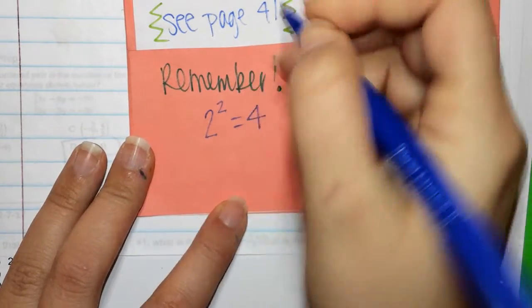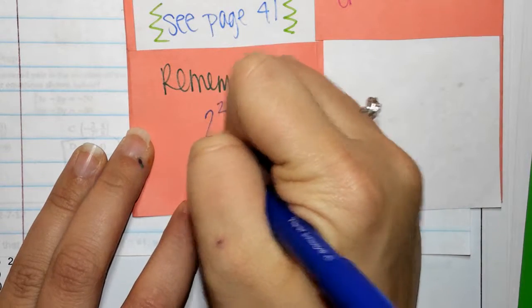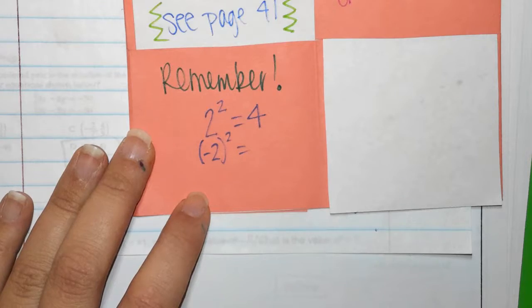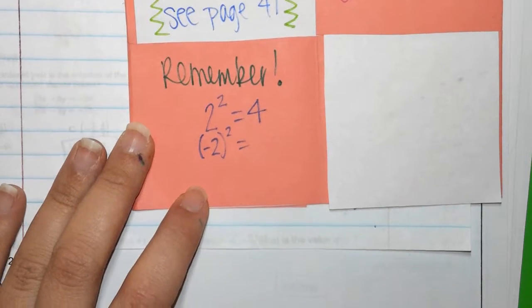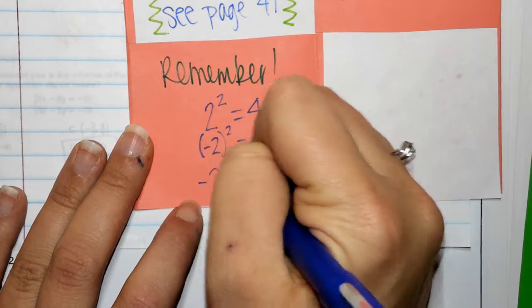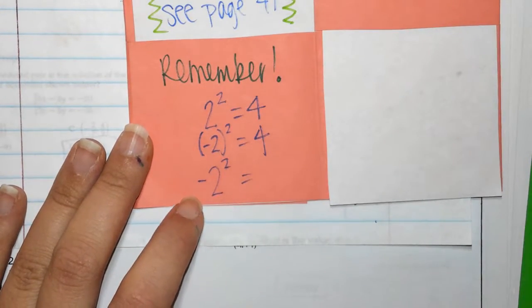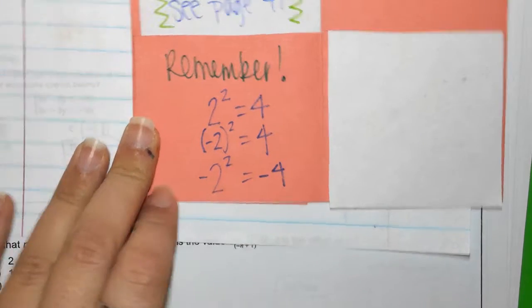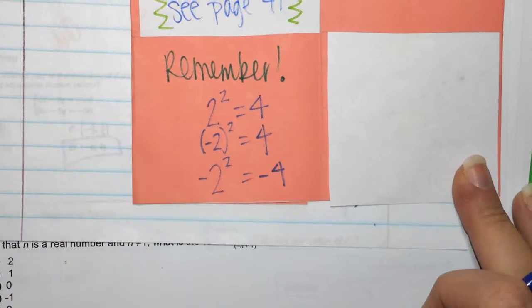If I said negative 2 squared in parentheses, what is that going to equal? Positive 4. And if I said negative 2 squared with no parentheses, what is that going to equal? Negative 4. So that's when it's negative. Or if you have a cube.